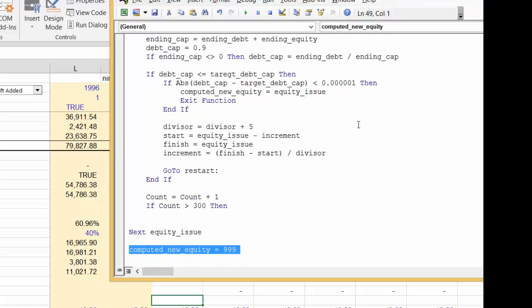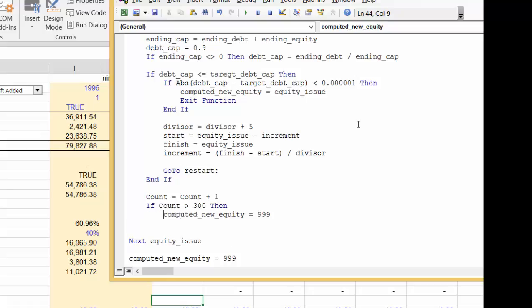Computed equity is equal to the equity issue, and we exit the function, and then we put end if.